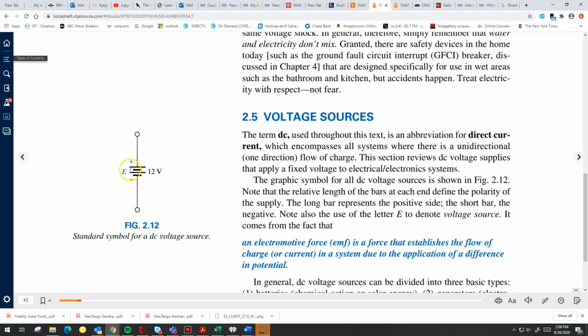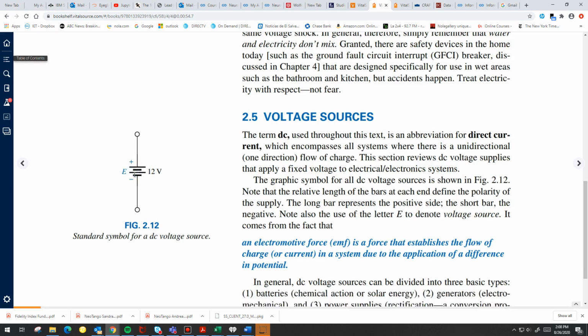The larger line represents the positive side of the battery, and the shorter bar represents the negative side of the battery. Okay, so if we follow that convention, we automatically will know that this is the positive charge and this is the negative charge without even labeling it. By convention, the top one will be positive, the bottom one, the shorter end, will be negative.